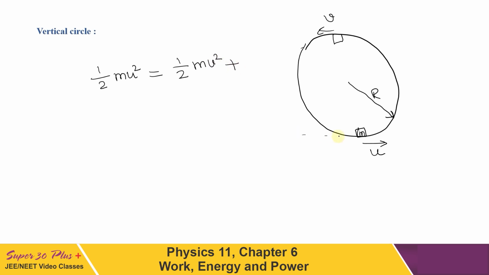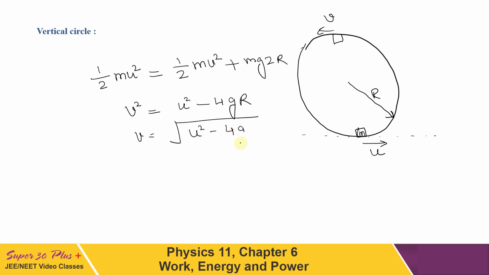While writing potential energy, I have taken the reference at the lowest position, so that at the lowest position potential energy is 0, and at the highest position it will be equal to mg multiplied by the total height 2r. Then v square will be equal to u square minus 4gr, and v is equal to under root u square minus 4gr.